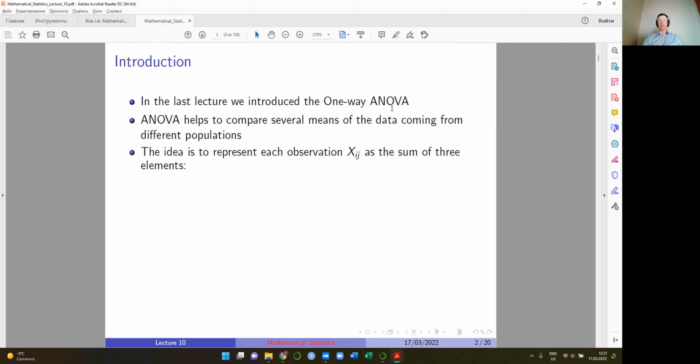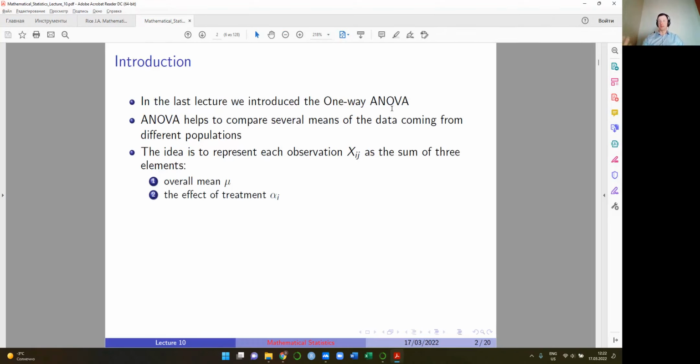So the idea was to represent each observation, so the quantitative measure or our variable, as the sum of three elements. So one is the overall mean, like you just believe that any oil well in the world is able to produce some mean value of oil.